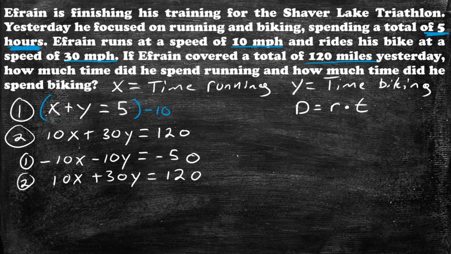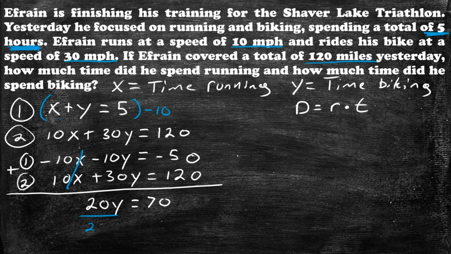And now I want to add equation 1 and equation 2 together. When we do that, the x's cancel, which is what we wanted to do. Negative 10y plus 30y is equal to 20y, and that is equal to negative 50 plus 120, which is 70. All right, so now what we want to do is isolate y by dividing by 20.